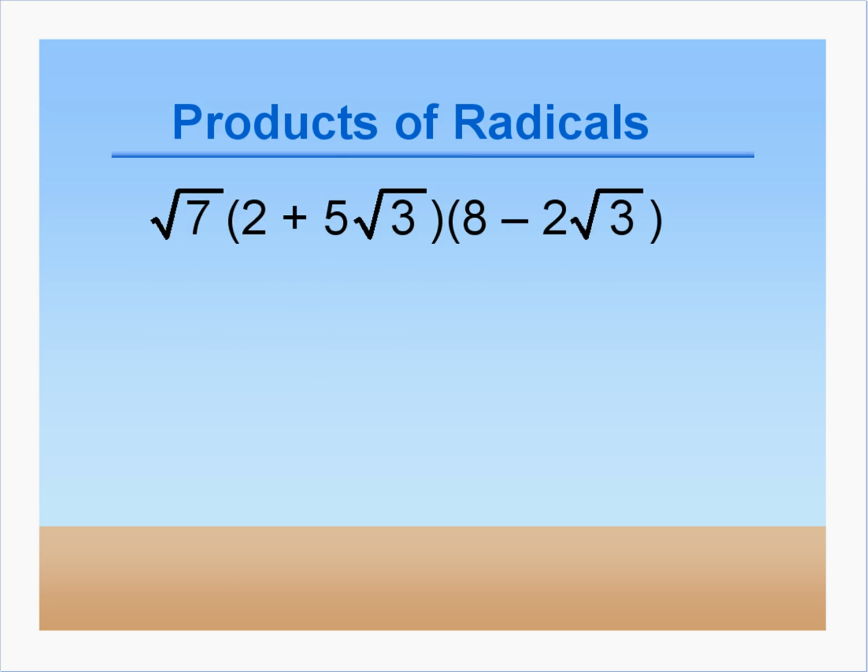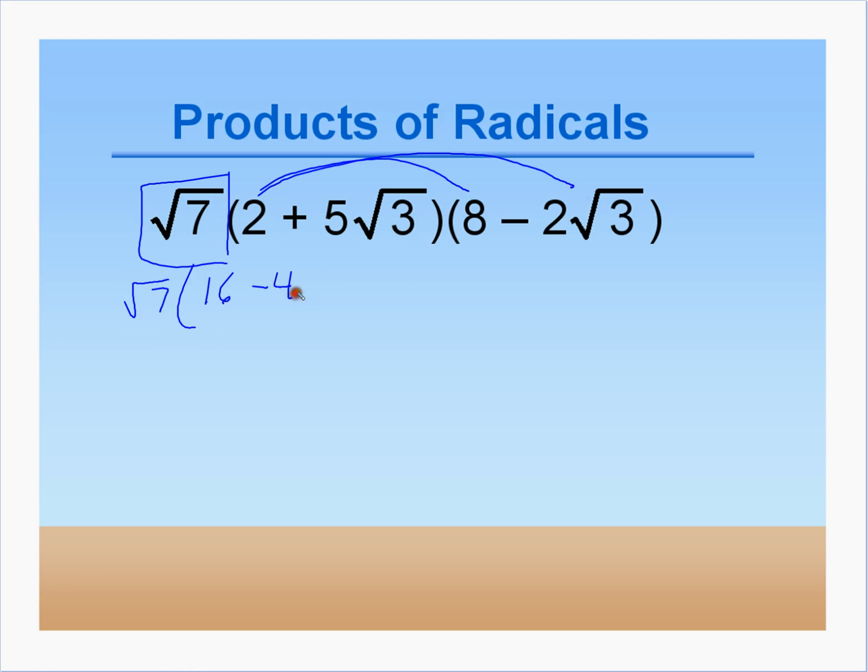Here's our last one. It's actually 3 things multiplied together. I usually prefer to leave this to the end, and we're going to go ahead and multiply these things out, and then we'll multiply at the end the square root of 7. So 2 times 8. So I'm going to leave the square root of 7 out here for right now. 2 times 8 is 16.